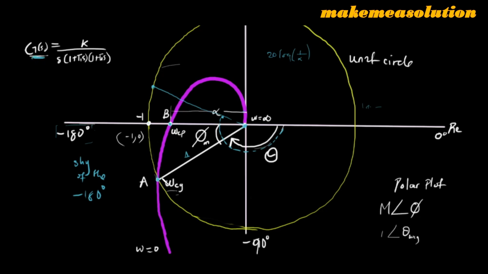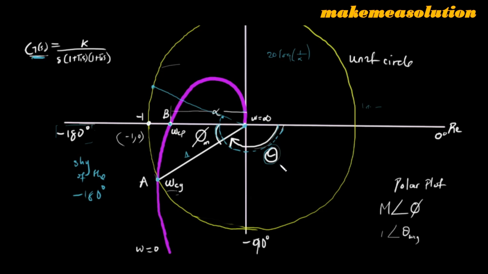Then the phase margin is the angular sweep, or the additional angular lag required for the system to be driven into stability. That's this phi of m. And you can calculate this phi of m by first of all determining this angle theta. Theta must be determined first.